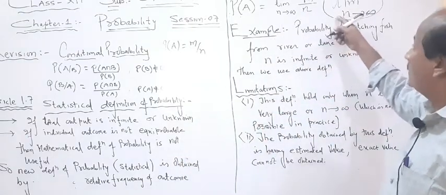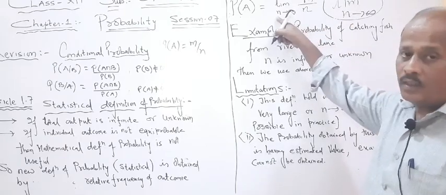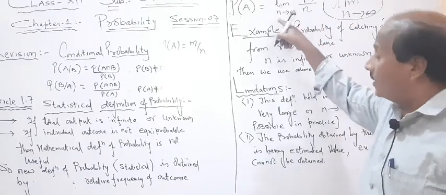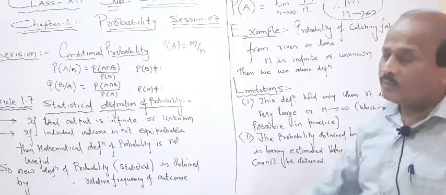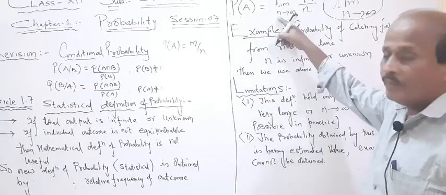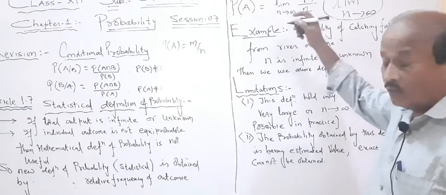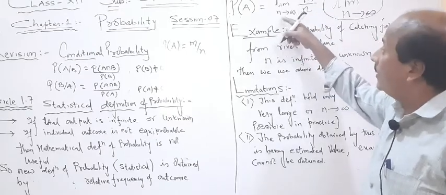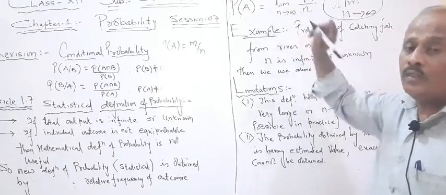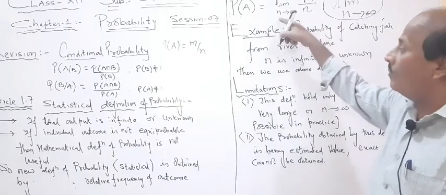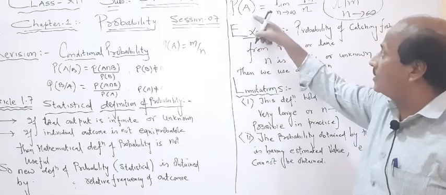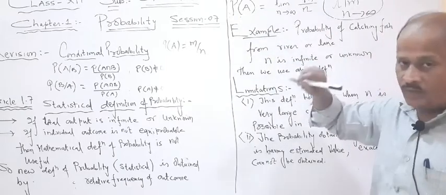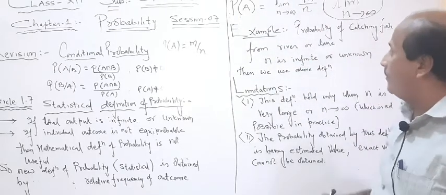This symbol says how many n's you can take. How are you going to read this? Limit n tends to infinity. What does it mean? You can take n up to infinity, not exactly infinity, but n can be as large as you can take. So see, the new formula is similar to the old one. Probability of A is equal to limit n tends to infinity of m by n.